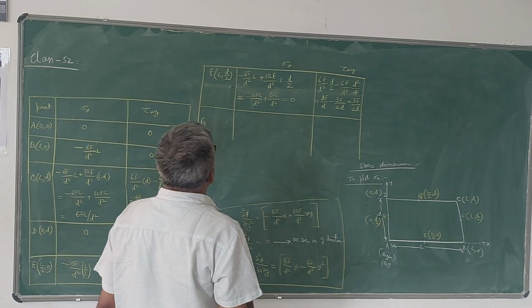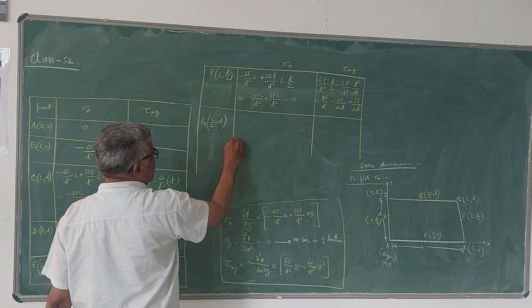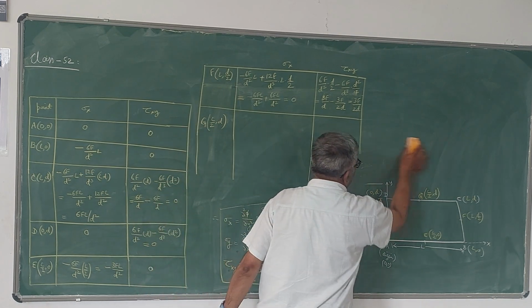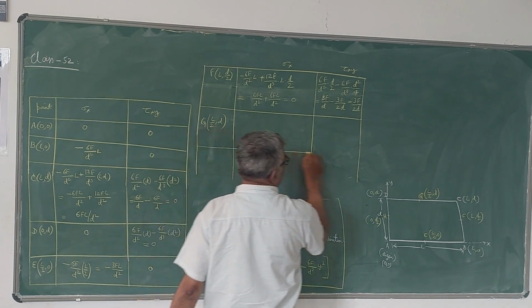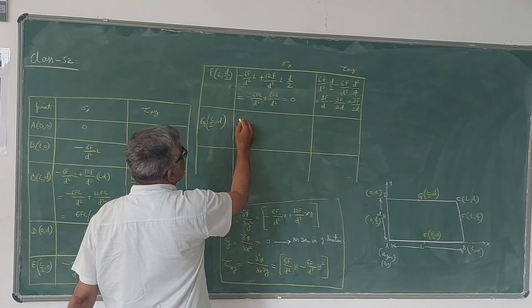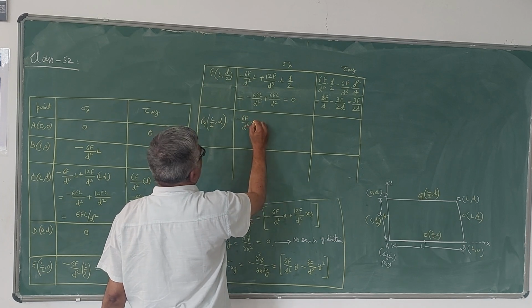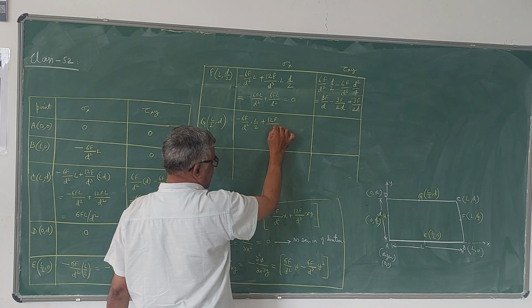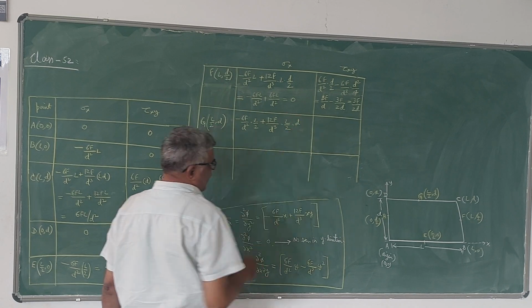L by 2 comma d. Put x is equal to L by 2, y is equal to d. So minus 6f by d square into L by 2 plus 12f by d cube into L by 2 into d, x into y.